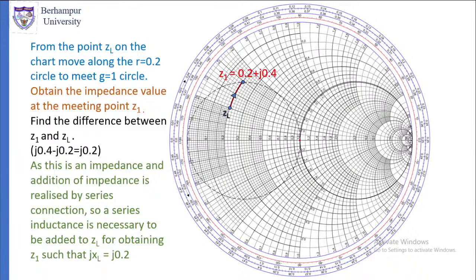That value will be 0.4. So Z1 is equal to 0.2 plus J0.4. Please do this. Let us take another 5 to 10 seconds. Read this: Z1 is equal to 0.2 plus J0.4.